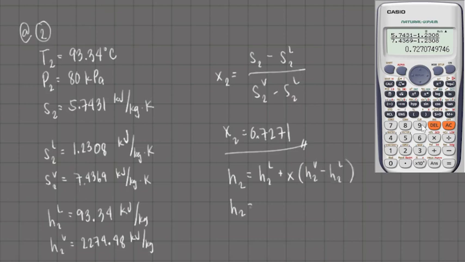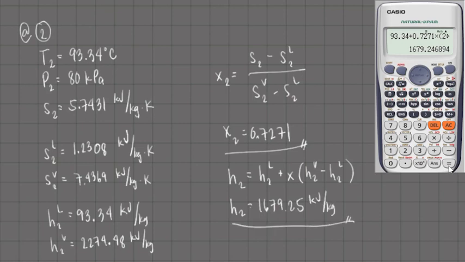Substituting, 93.34 plus our determined value of quality, 0.7271, times the difference 2274.48 minus 93.34. H2 is 1679.25 kilojoules per kilogram.